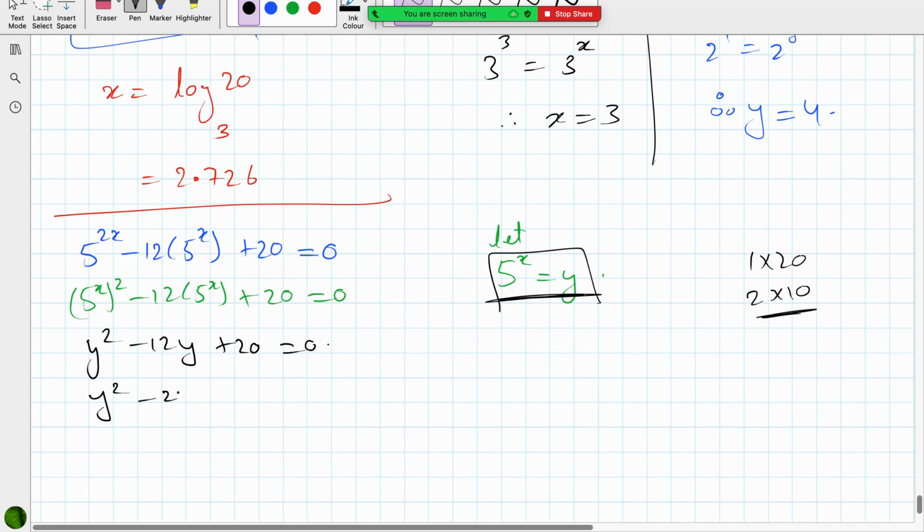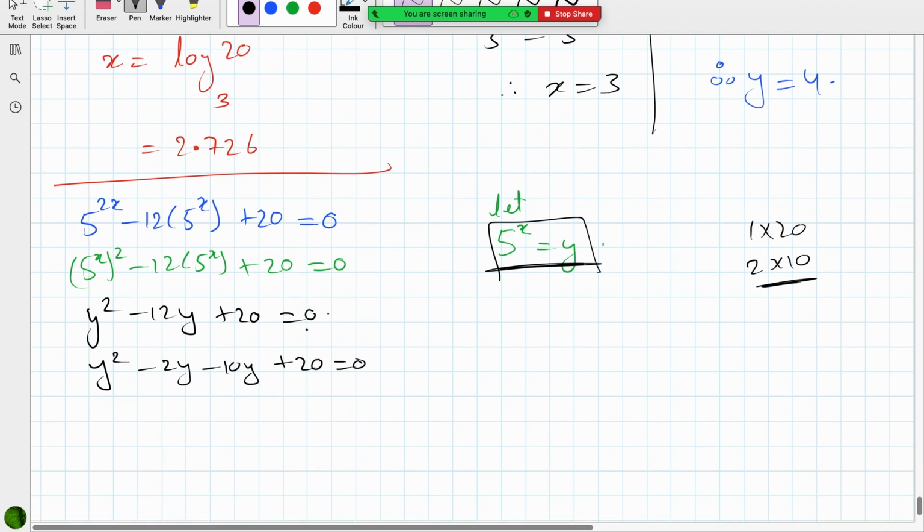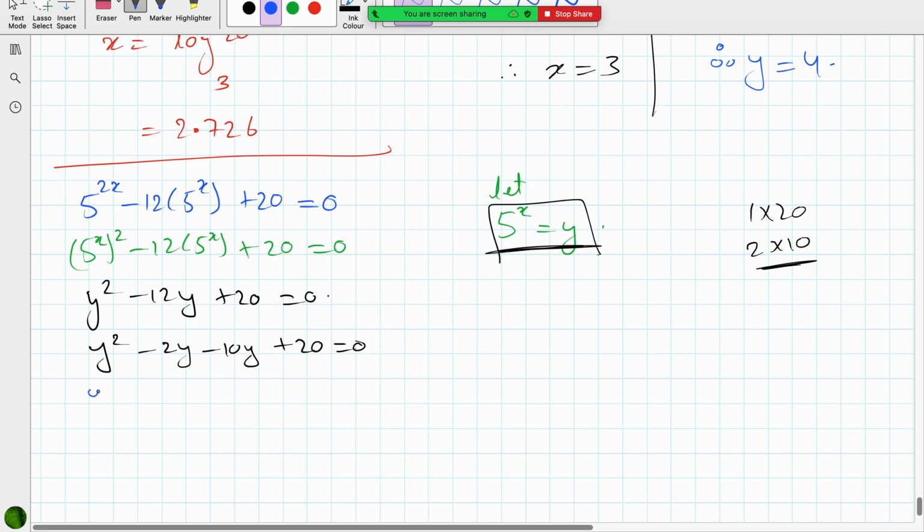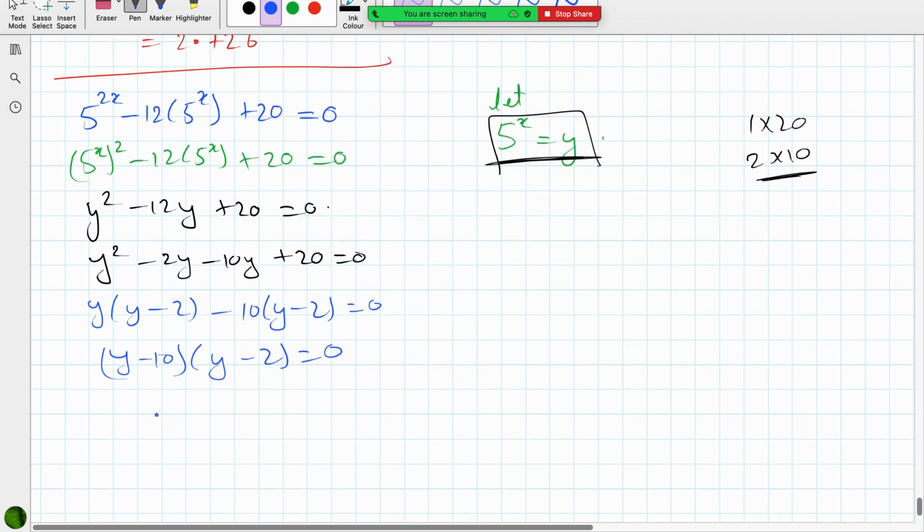So y squared minus 2y minus 10y plus 20 is equal to 0. Taking y common, y minus 2, minus 10, y minus 2 again. So we get y minus 10 into y minus 2 is equal to 0. First factor, second factor, so y is equal to 2 and y is equal to 10.